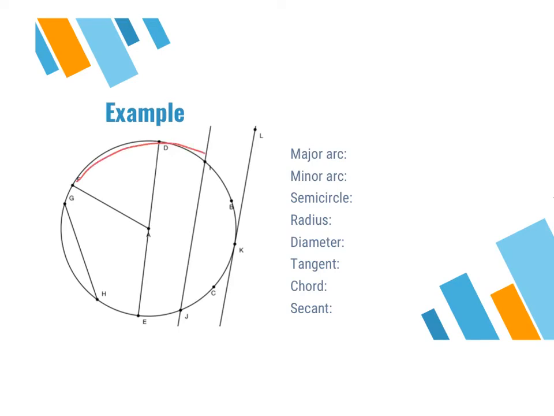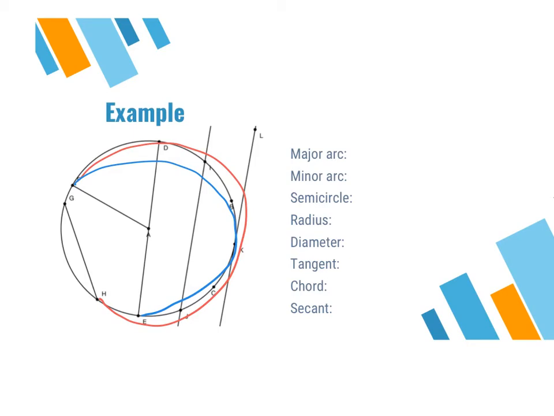So if I did like F, D, H, or if I did F, B, E, this piece, something that's really, really clearly more than half of the circle, so you can tell that, hey, I know what a major arc is. Okay. Remember, we need to use 3 letters.